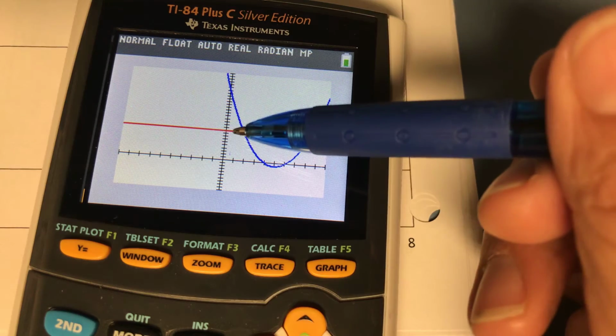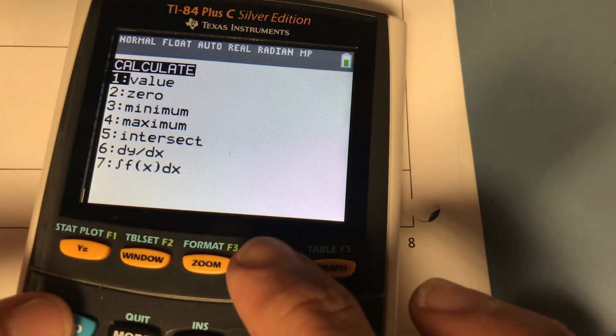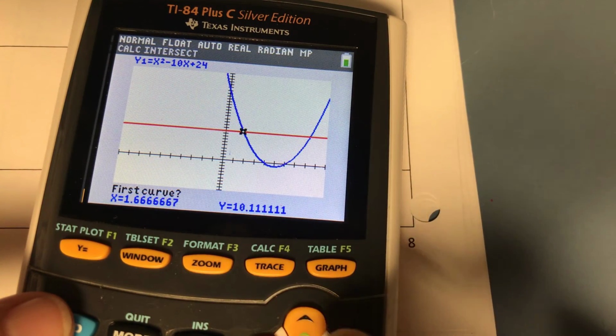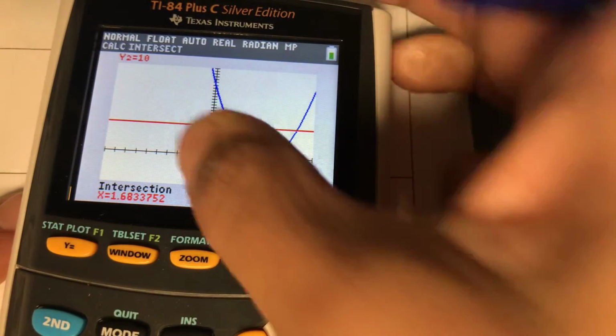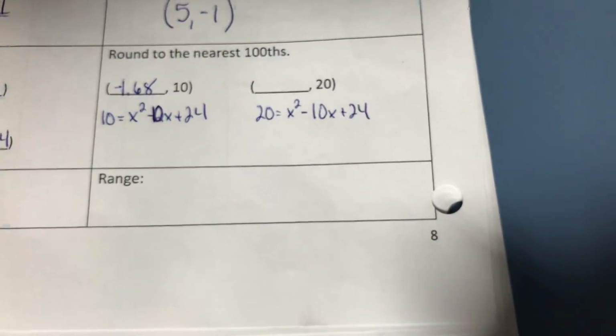Now to see where these 2 shapes intersect, I'll hit second trace, choose option 5 for intersect. I'm going to move my cursor to where one of them is, and just hit enter 3 times. So this one is, okay, here I'm going to have to round to the nearest hundredths. So 68 is going to stay at 68 because of the 3. So one of them is -1.68.